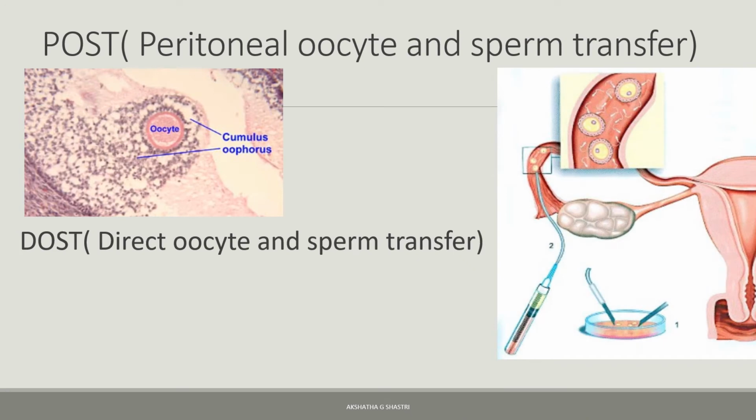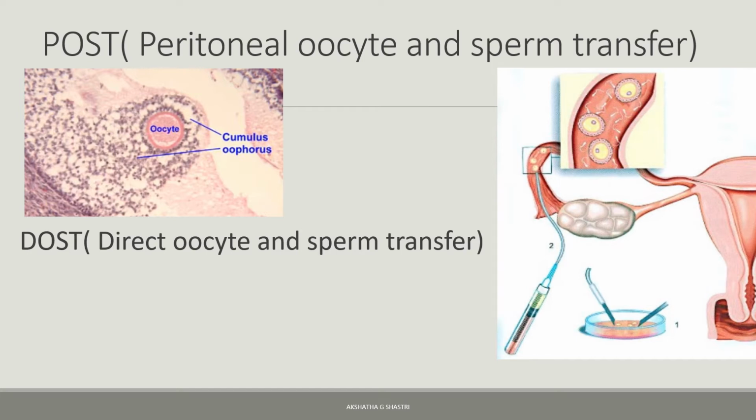Next is one more technique called POST, that means peritoneal oocyte and sperm transfer. In peritoneal oocyte and sperm transfer, the peritoneal ovum or oocyte are transferred. This is a fertility treatment method, and it is an alternative to the IVF technique.